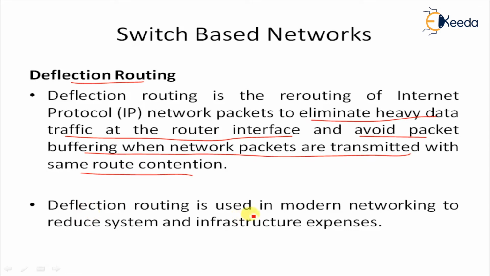Deflection routing is used in modern networking to reduce system and infrastructure expenses. You can use a smaller number of devices, so the network becomes less complex compared to the previous case.